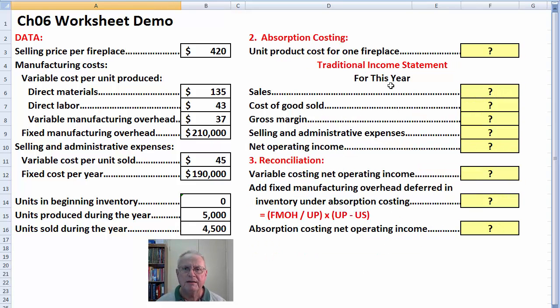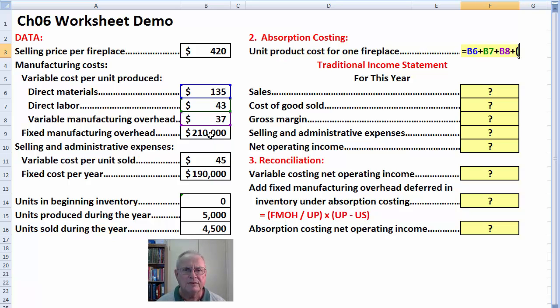Okay, we're going to do the same thing with absorption costing. And we're going to start out with the unit product cost. And so we've got the direct materials plus the direct labor plus the variable manufacturing overhead plus, okay, now we've got the fixed manufacturing overhead to deal with.